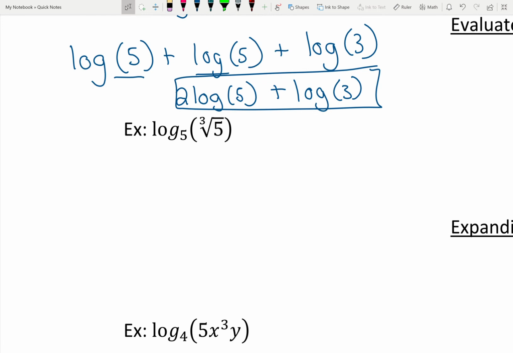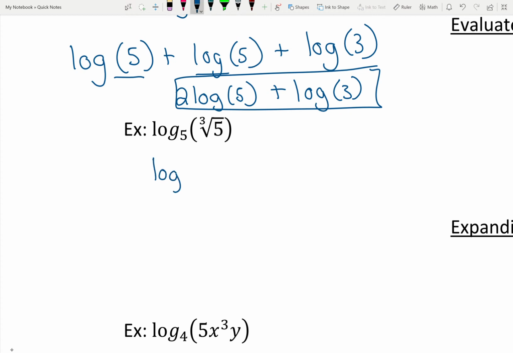Okay, let's look at the next one. We have log base 5 of cube root of 5. And my goal is just to simplify this statement as much as possible. So maybe we should start by rewriting cube root as a normal exponent, right?